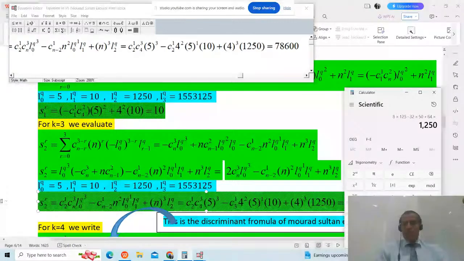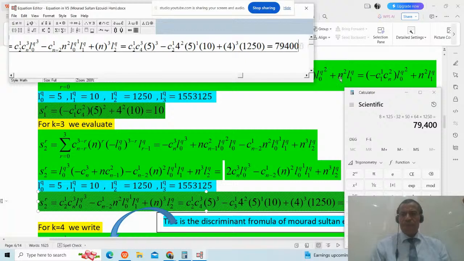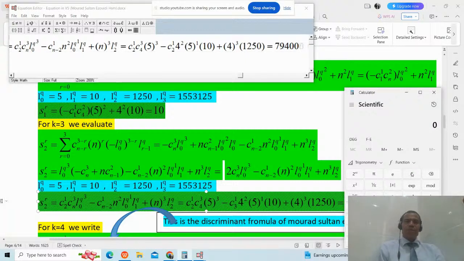I will check again. So this one, learners, we have 2 times 4 is 8 times 125. Then minus 2 times 16 is minus 32, times 5 times 10 is 50.